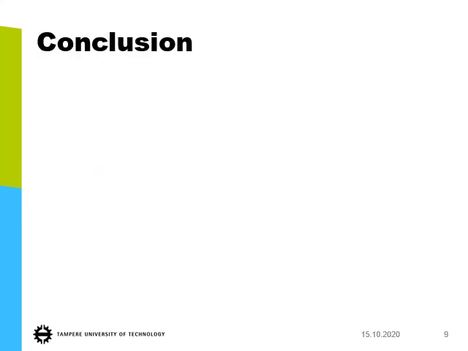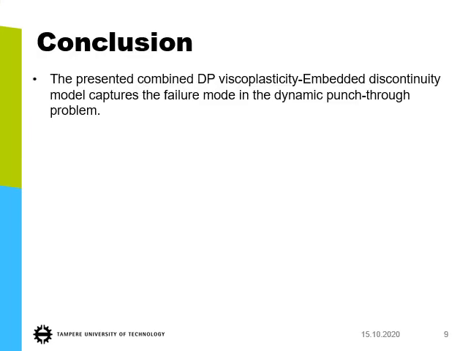So it can be concluded that the presented discontinuity model combined with Drucker-Prager viscoplasticity captures the salient features of the failure mode in a satisfactory engineering sense in this dynamic punch-through problem.